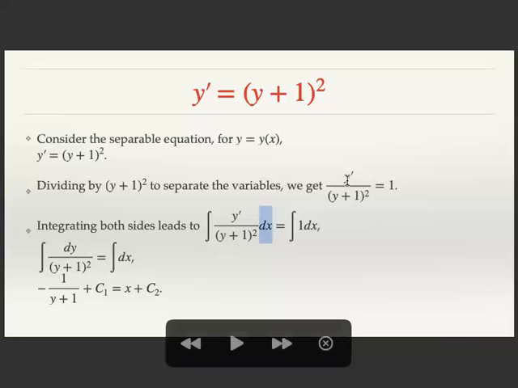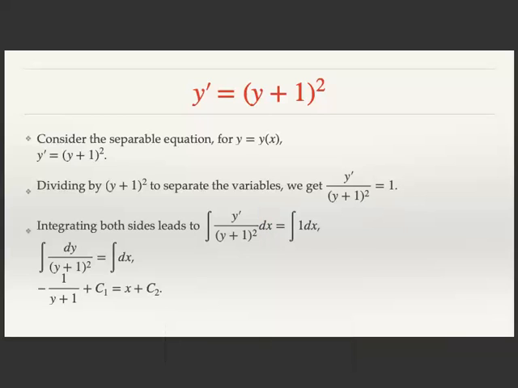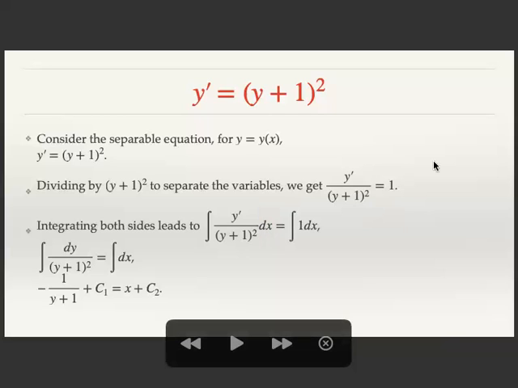You're right. The only way we can do this division is when y is not equal to -1, because otherwise we would be dividing by 0. So we have to consider that case separately. But yeah, I'm going to say that on the next page.